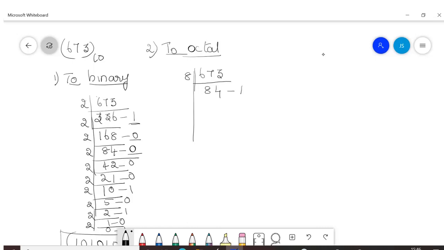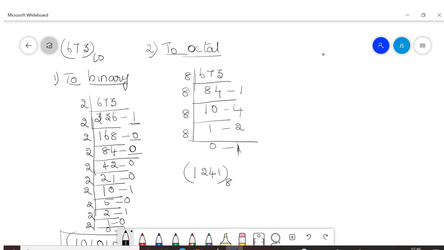The remainder is 1 here. Again we divide it by 8, 84 divided by 8 gives 10 with remainder 4. Then when we divide it by 8, we get 1, and the remainder is 2. Now it is 0 and 1. When we collect the remainders from the last remainder, it is 1 2 4 1, the octal equivalent of 673.